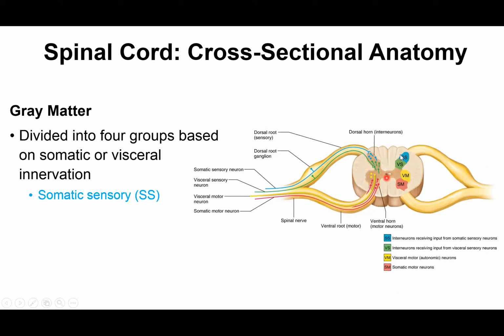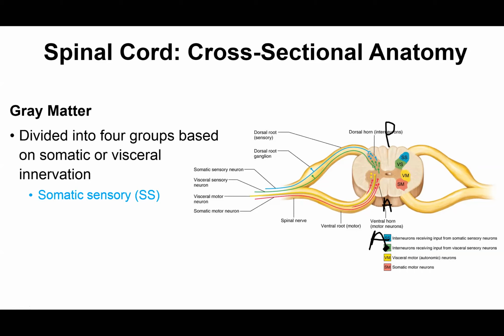Okay, and so somatic sensory, then, so we know this posterior side. So let me just write that on there so we're not confused anyway. So this side is posterior, this side is anterior, right? So this side's anterior.